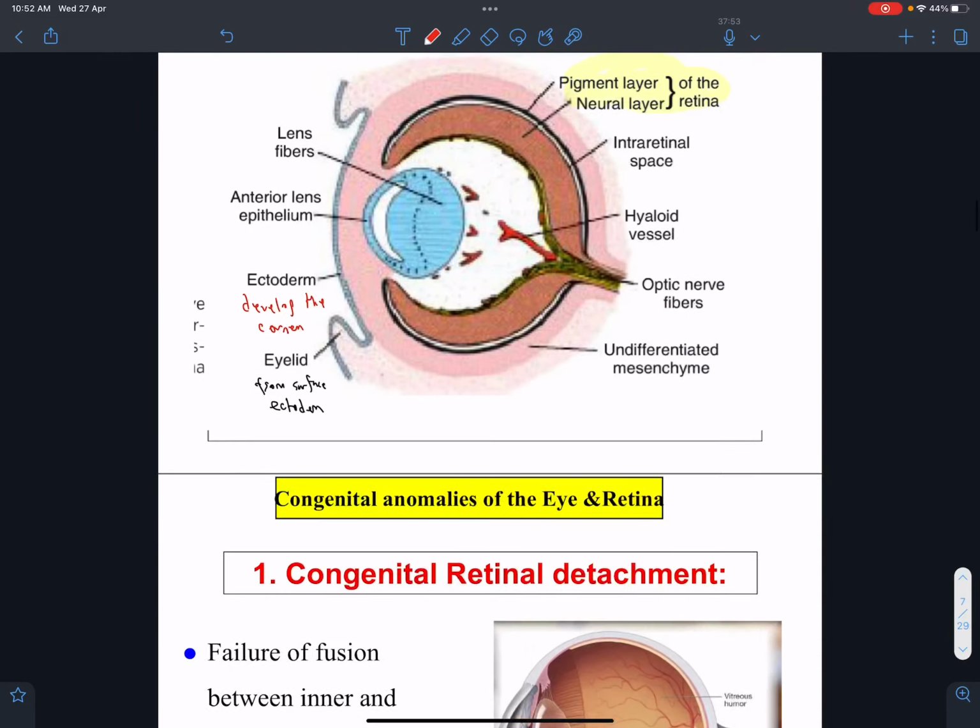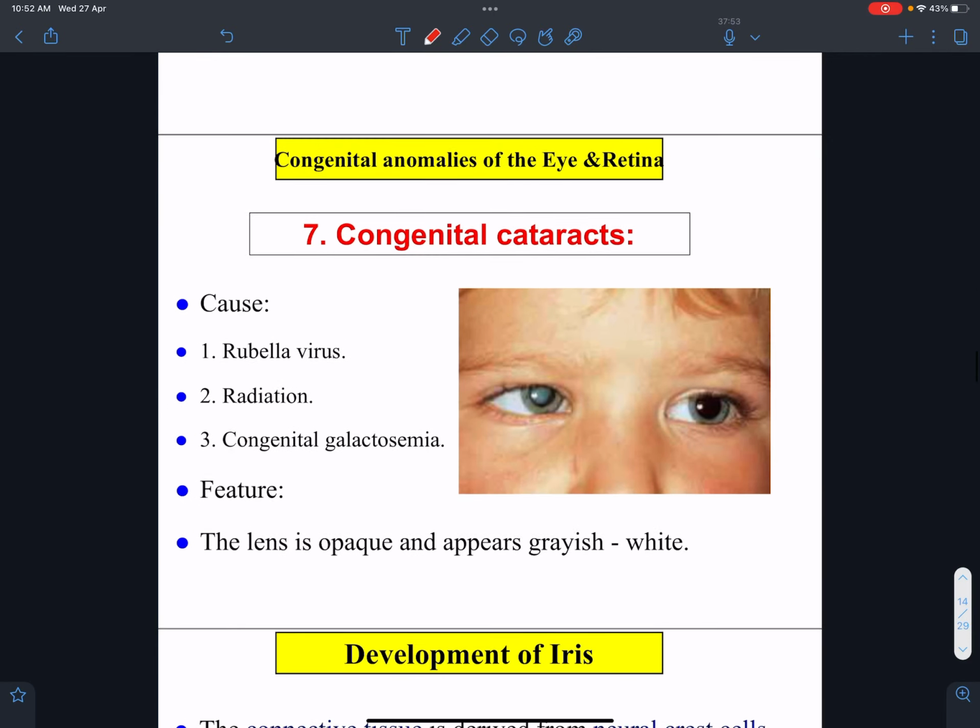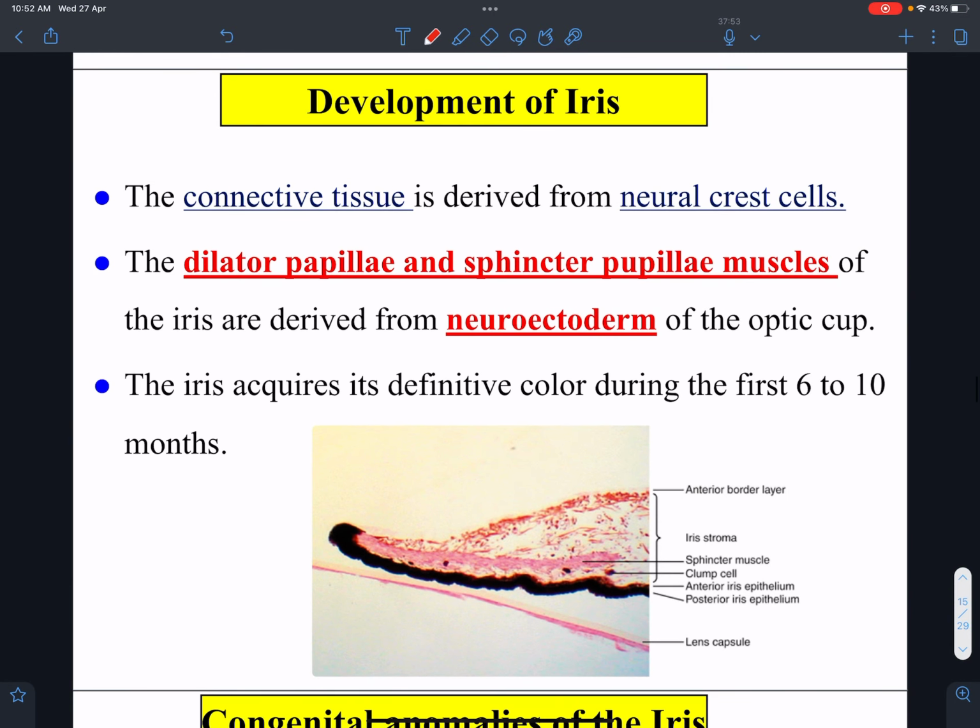Let's see from this slide. Okay, this slide is the development of the iris. This is the connective tissue that I meant, developed from the neural crest cells, and here are the muscles. Doesn't the iris do pupil constriction and dilation because of the muscles?